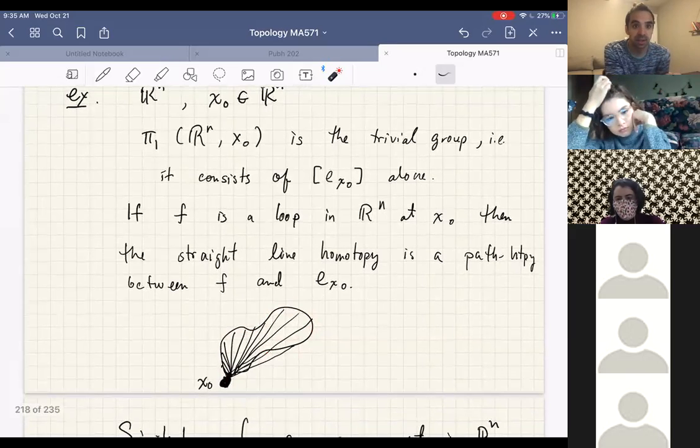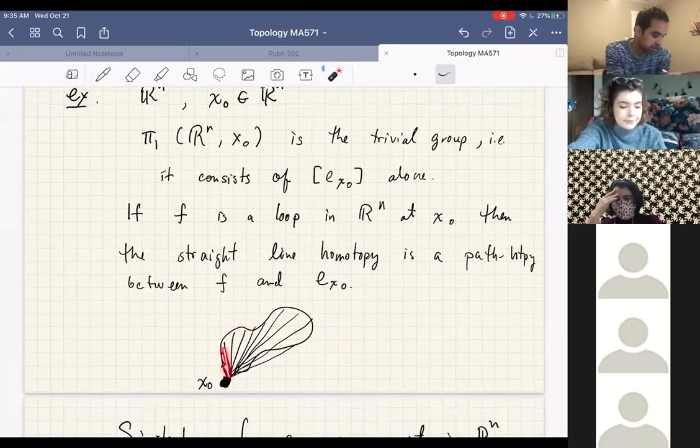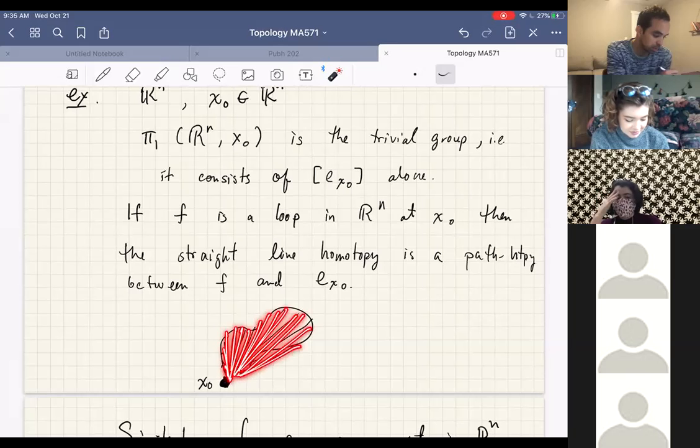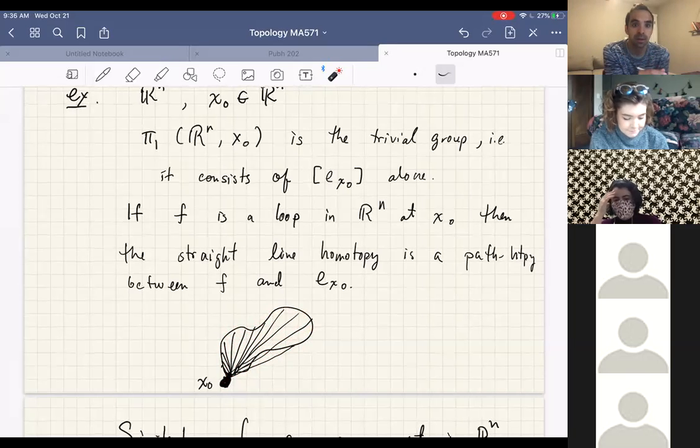And this is clear since we can use a straight line homotopy. We can just follow these lines, all straight line segments from points in the loop to the constant loop. You just follow those lines and play this movie that starts with the loop and ends with the constant loop, parameterized by the interval from 0 to 1, the unit interval.